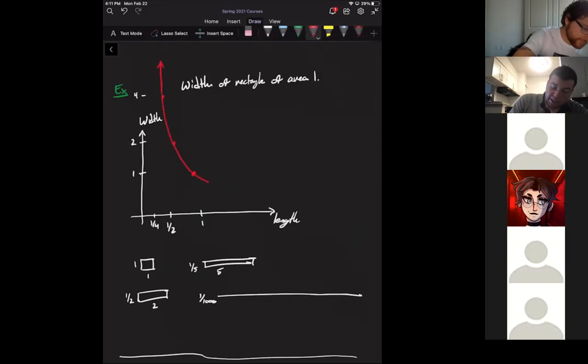And I guess this would keep going down like that. And so we get this vertical asymptote here at 0. And the reason for that is that we can't actually have a width of 0.